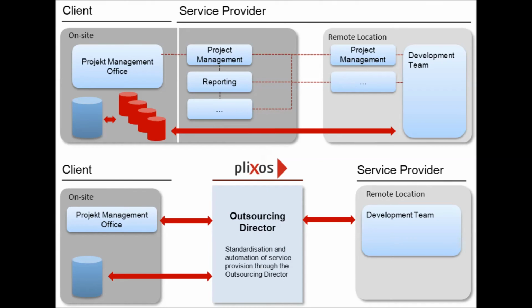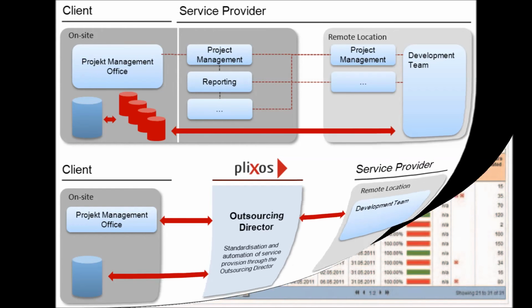This tool helps you to retain control over the project development process for the whole project team, regardless of locations. That means it brings clients and service providers together in order to assure that the project is delivered in time and in high quality.